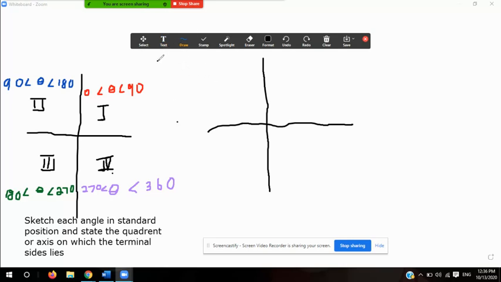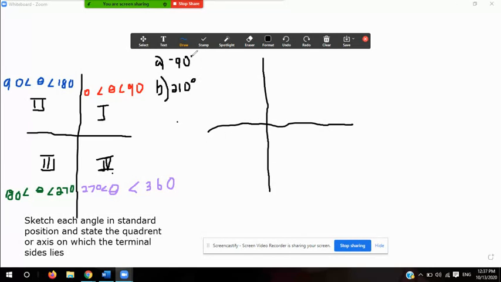So A is negative 90 degrees. And B is 210 degrees, okay? Now, very important that you understand the rotations of the angles, especially when we are trying to graph them in standard position.